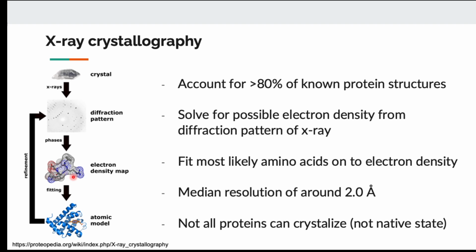Once we get the density for the electron, it doesn't tell us yet what amino acids are where. But because we know that there are 20 amino acids, and we know the side chain for the 20 amino acids, we can predict or model, like we can fit the data.